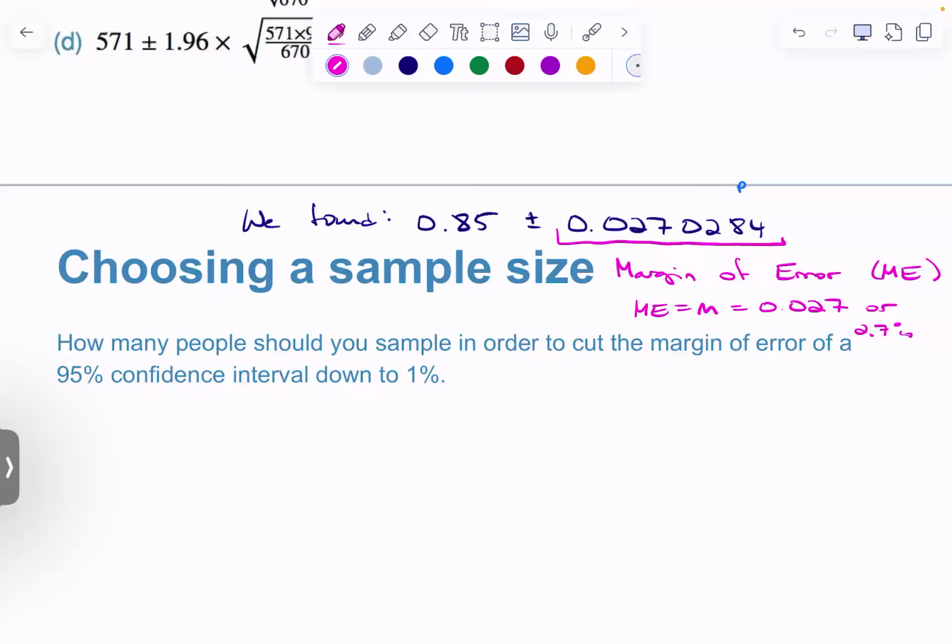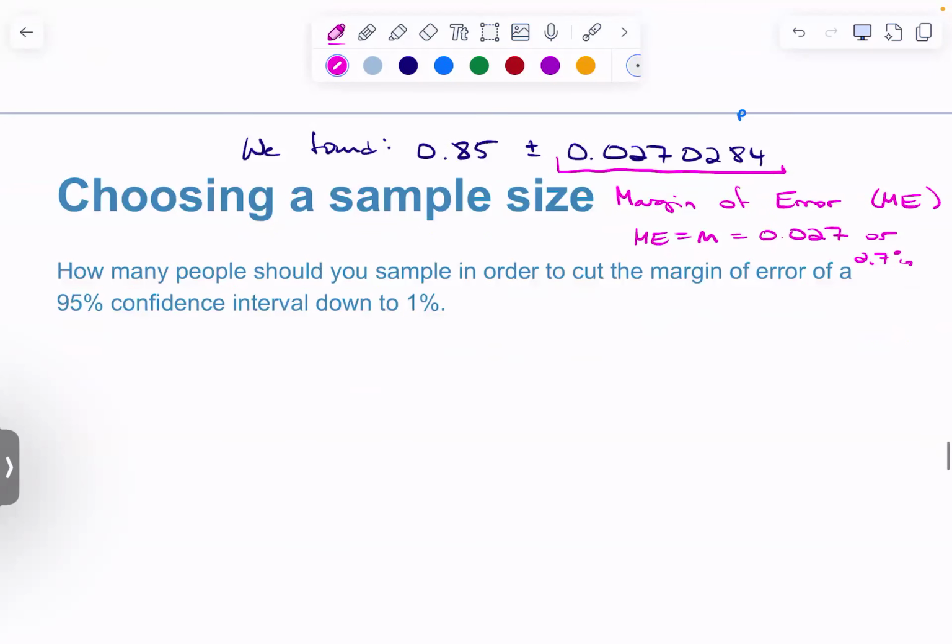How many people should you sample in order to cut the margin of error of a 95% confidence interval down to 1%? So now you want m to be 0.01, right?